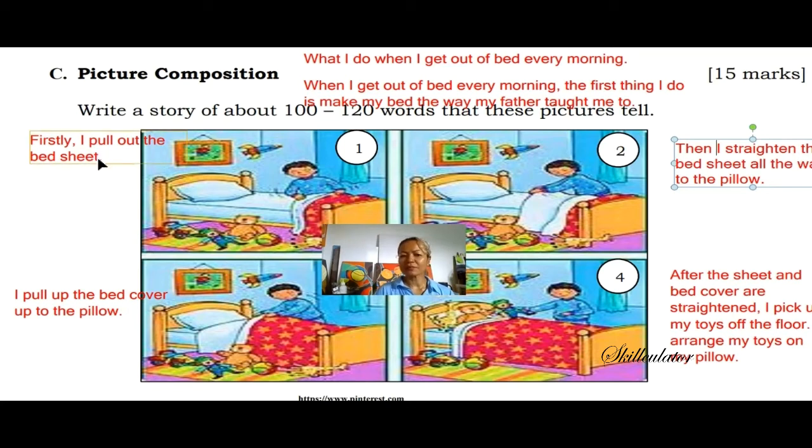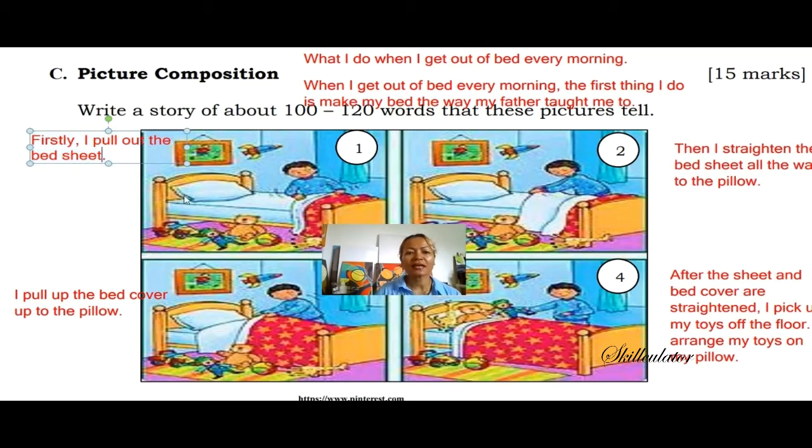Okay, this pull out the bed sheet, from under the bed cover. So maybe we can add this to the first one. Pull out the bed sheet from under the bed cover.